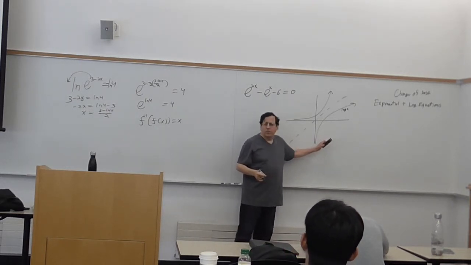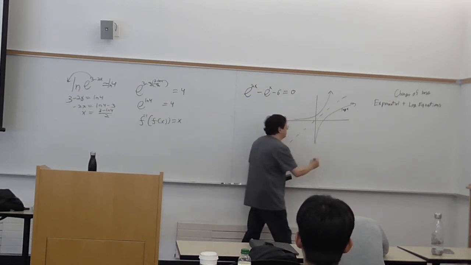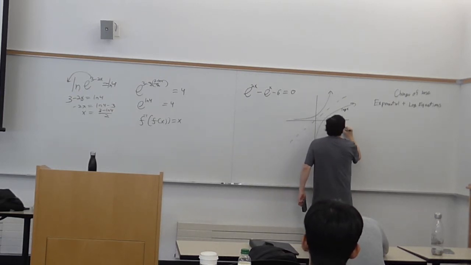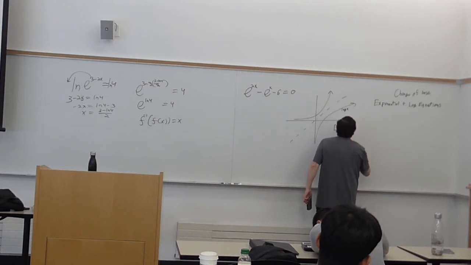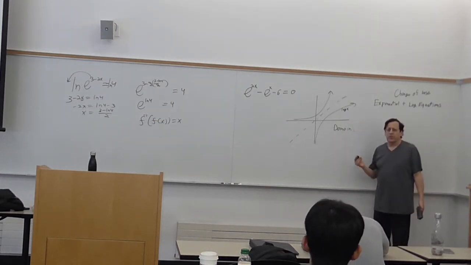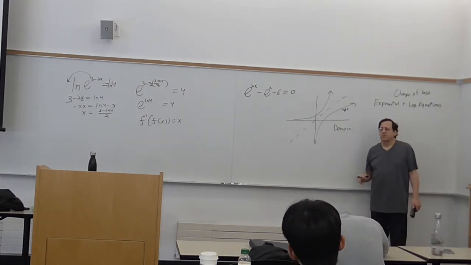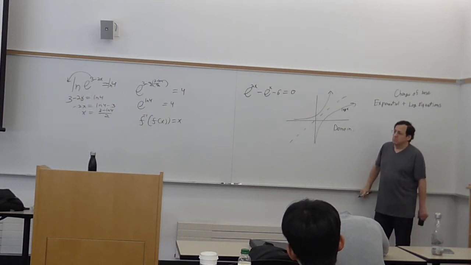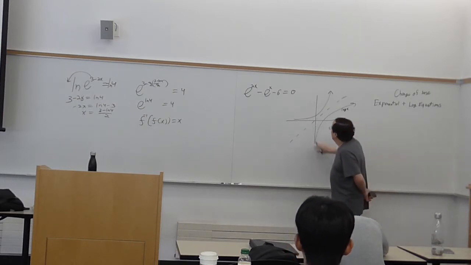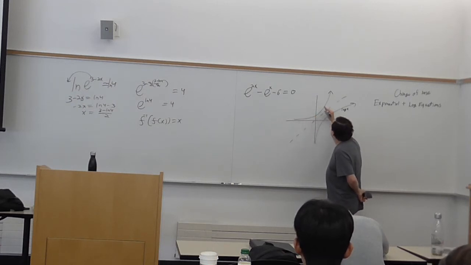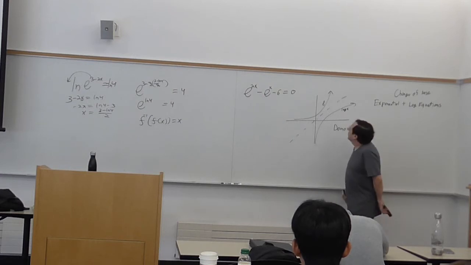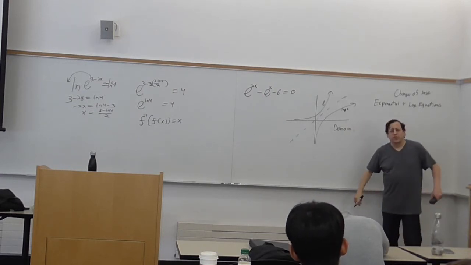What's the domain of the log of x? What are the x values I can plug in? Another way to ask that is, what's the range of, we'll just call this e to the x, right? What's the range of an exponential function?